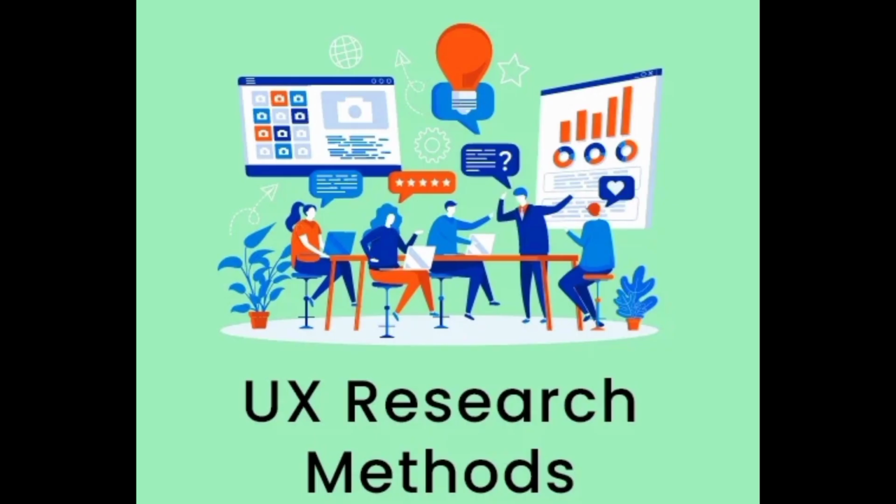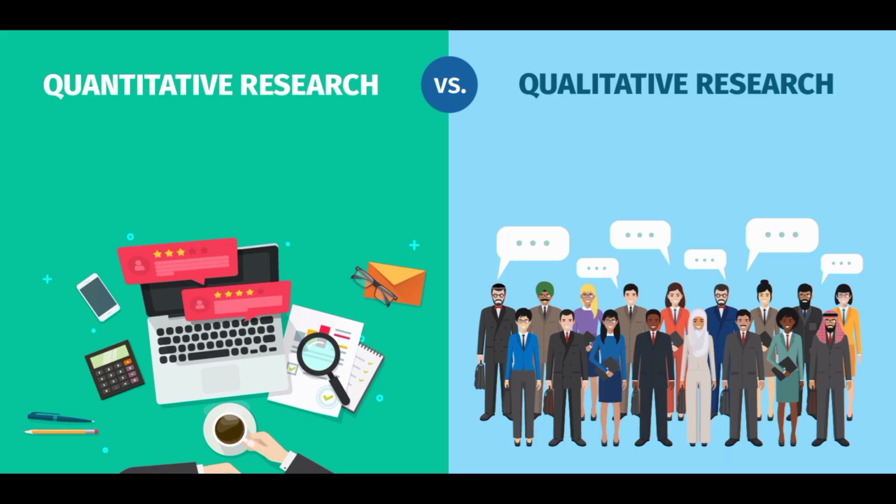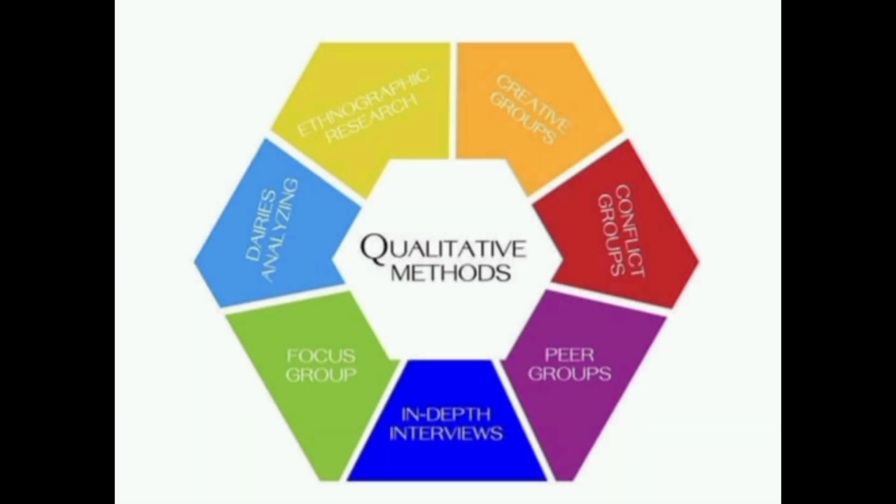So actually there are several methods. So firstly let's see qualitative research and quantitative research. In qualitative research we gather insights and observations about users and the product. Qualitative methods include interviews, qualitative usability testing and field studies.